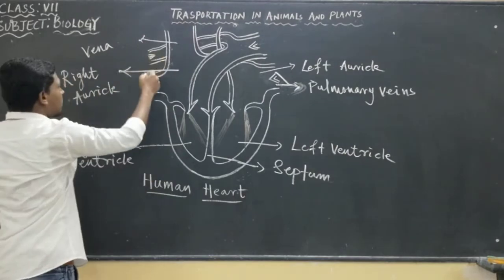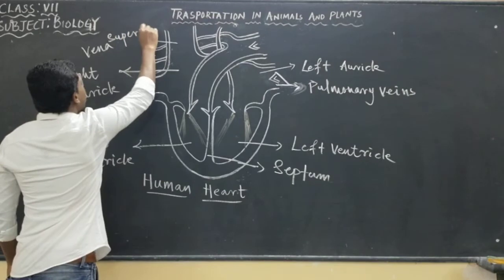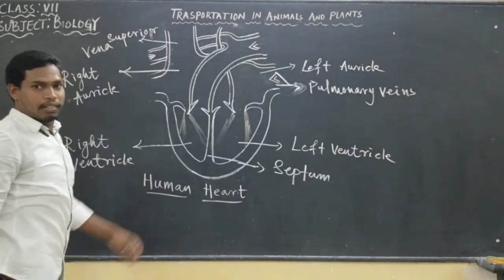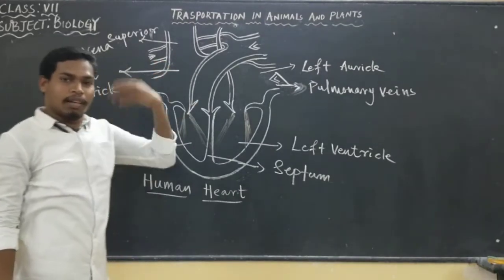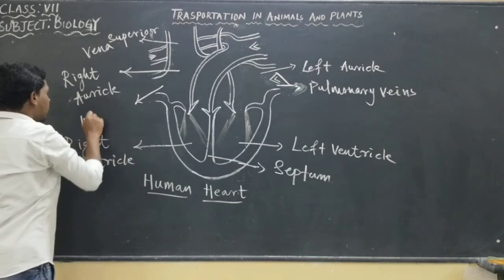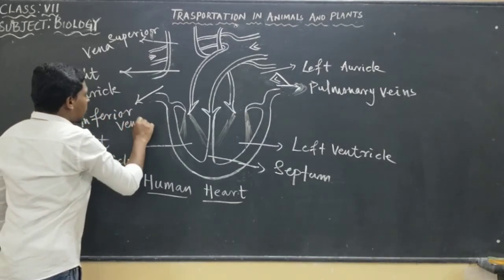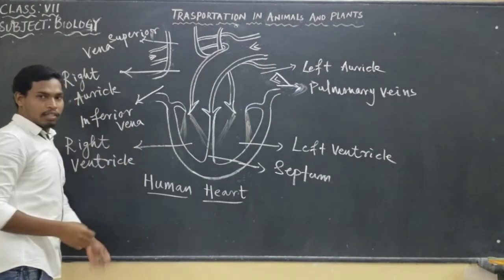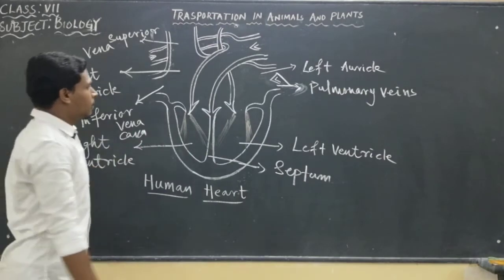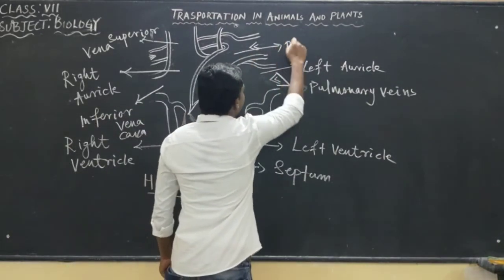This is known as the superior vena cava, since it collects the blood from the upper part of our body, and this is the inferior vena cava. It collects the blood from the lower region of our body. And this is going to be the pulmonary artery.